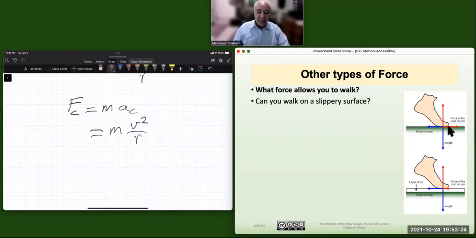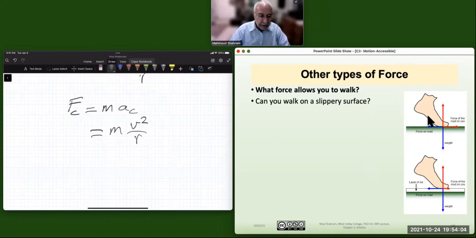But on regular surfaces, when you try to walk, you exert a horizontal force towards the back, the force of your feet on the road. And the reaction force of that is the floor pushing you forward.